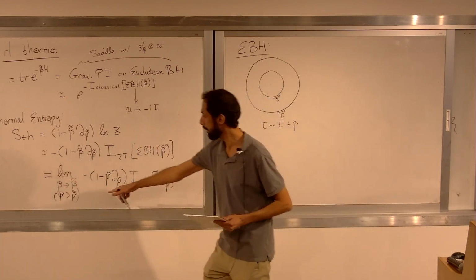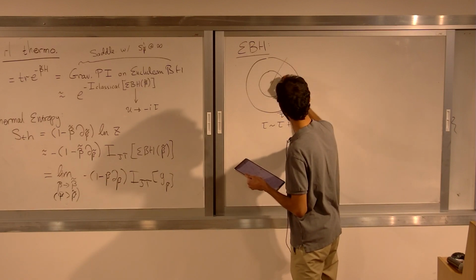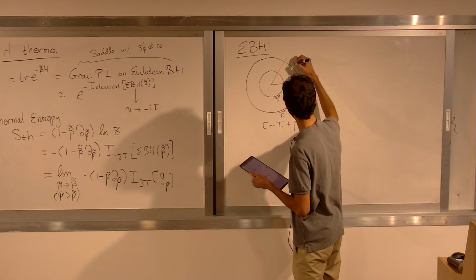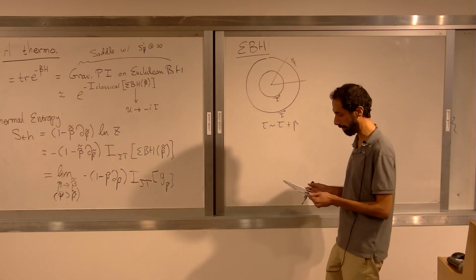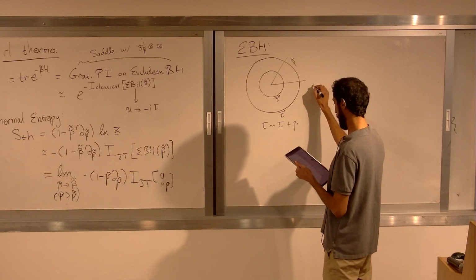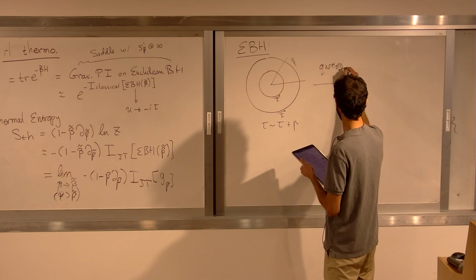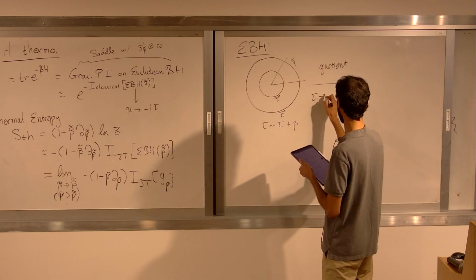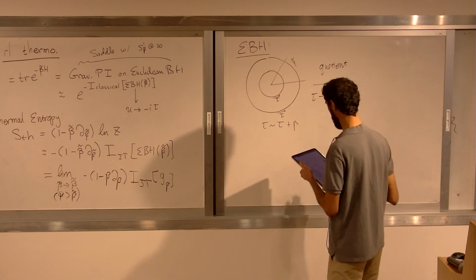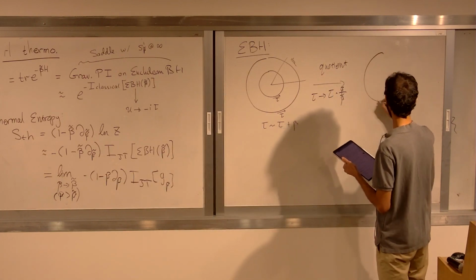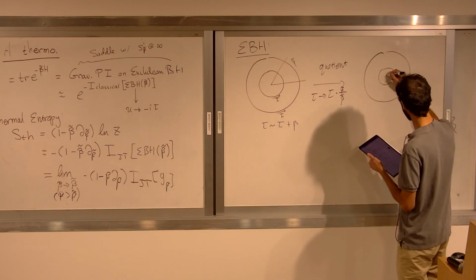Beta tilde is less than beta, so beta tilde is like this length here, and the length all the way around is beta. You can imagine doing a quotient where you take tau to tau times beta over beta tilde, and you'd get the same space-time, but where you have a conical singularity here.